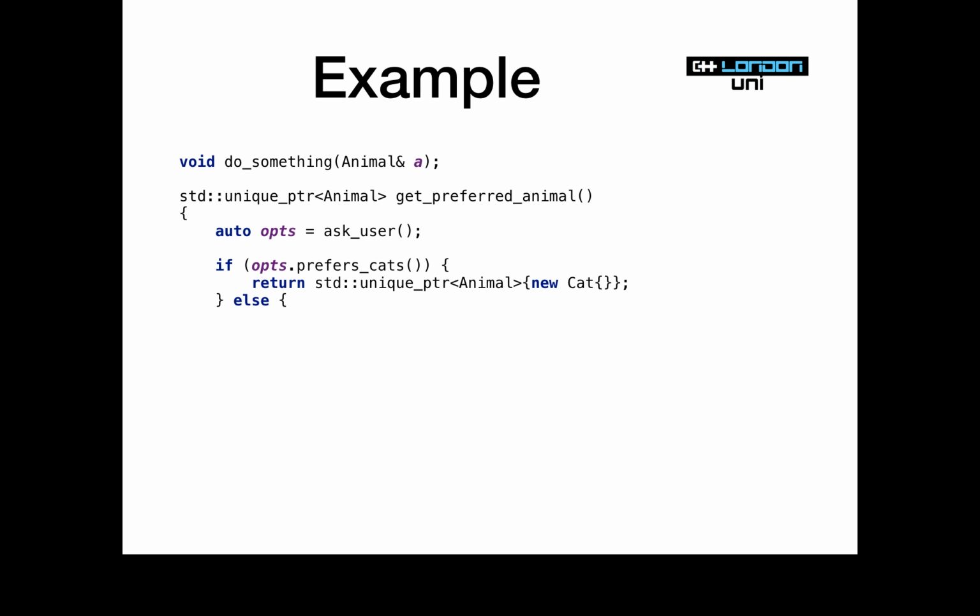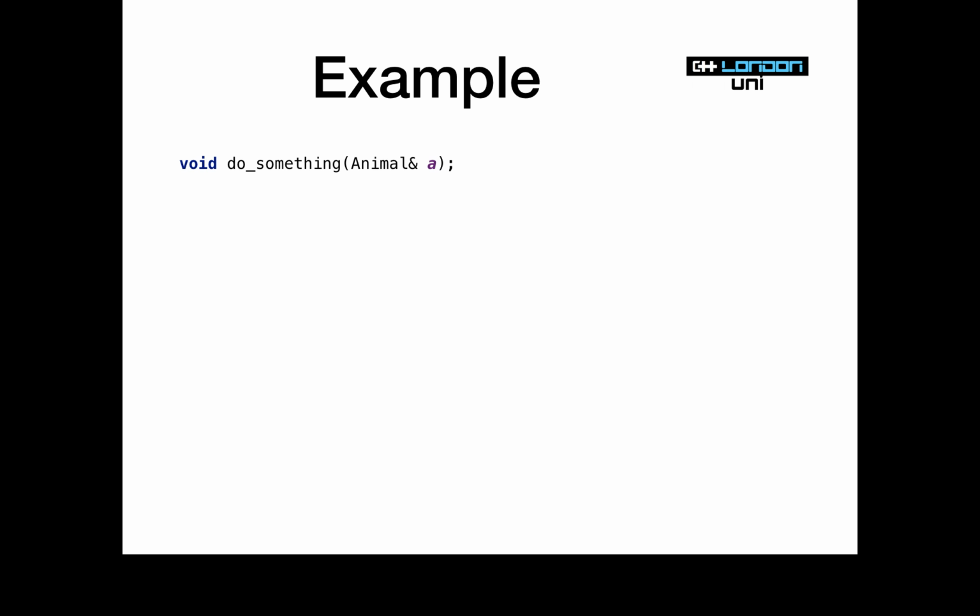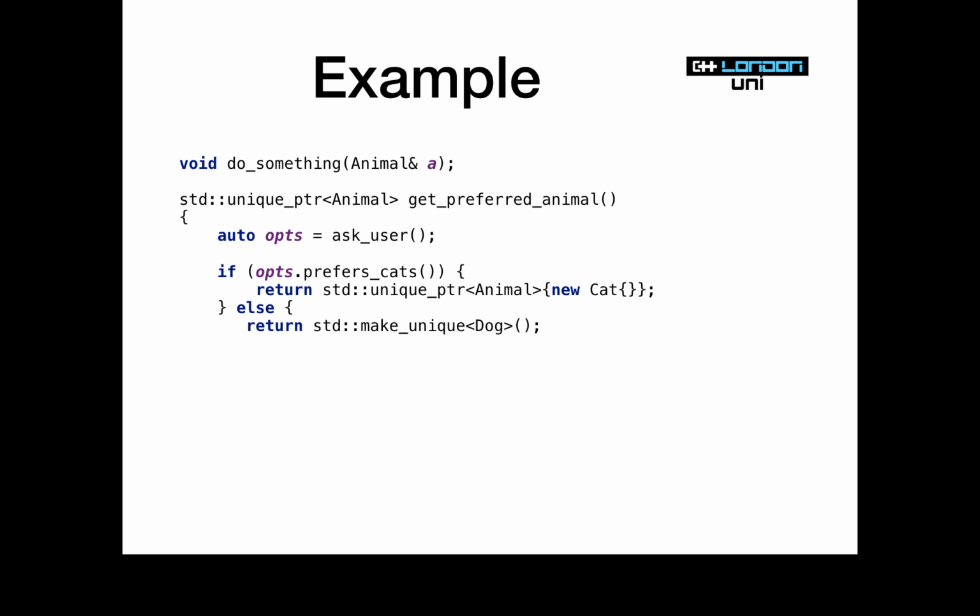If the user doesn't like cats, that line should be gone. Bad copy and paste on my part, sorry. Let's try that one again. Okay, this is rather a mouthful.